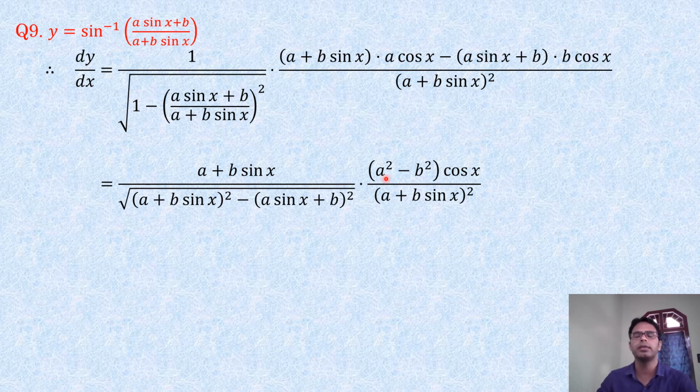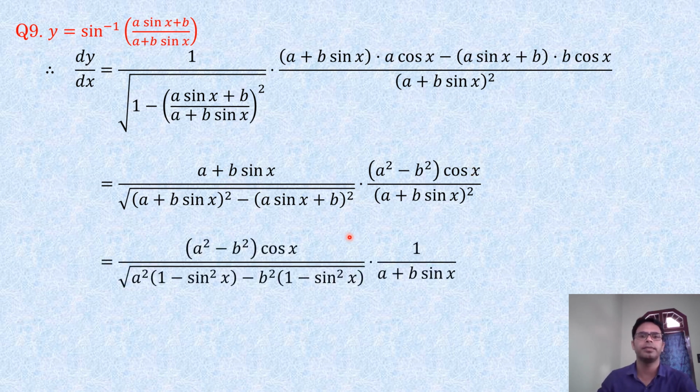So cos x is common, a square minus b square remaining there, one of the terms is cancelled, so a square minus b square, this cos x is remaining.